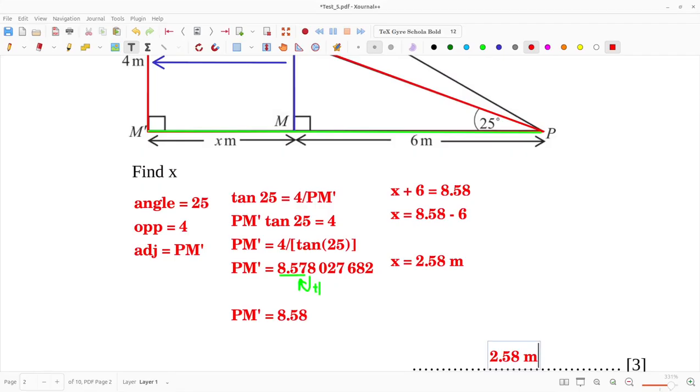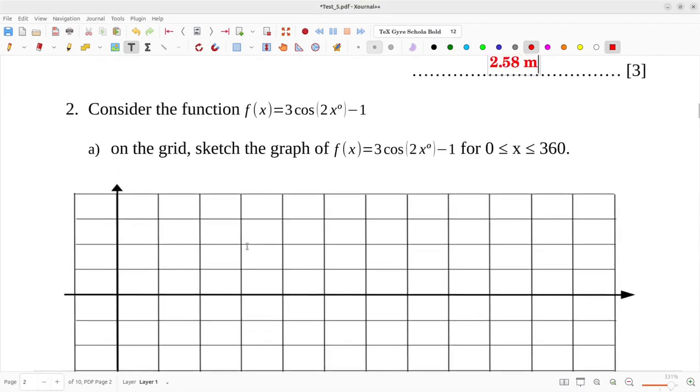Next question. Trigonometric function. Let's check it. So basically you are required to sketch the graph of 3 cosine 2x minus 1. This 3 is actually the amplitude of the graph.